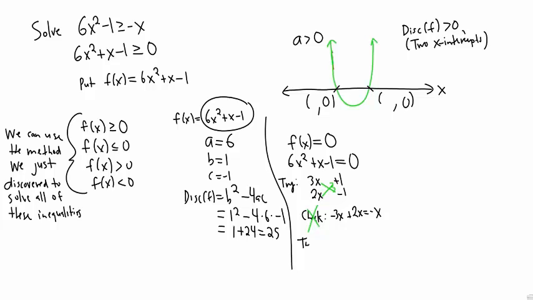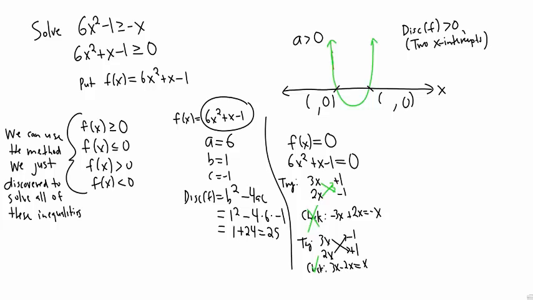So let's try something else. Since we wanted a positive x instead of a minus x, which is what we got, let's just switch the signs over here. Let's check. We get 3x minus 2x, which is positive x. So this does check.